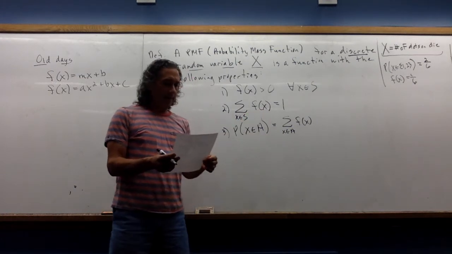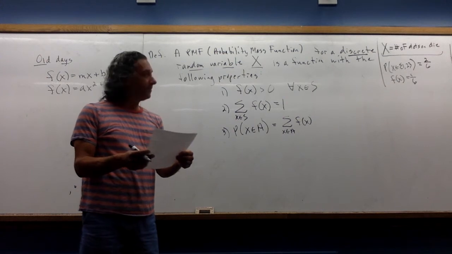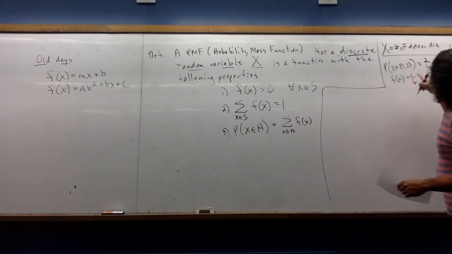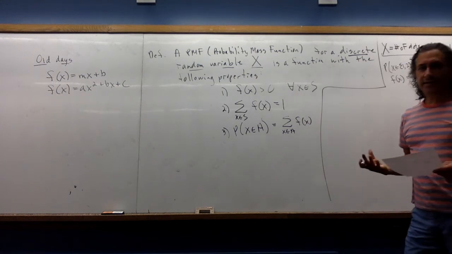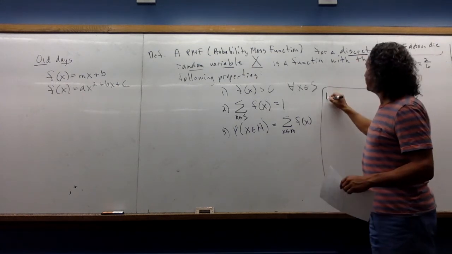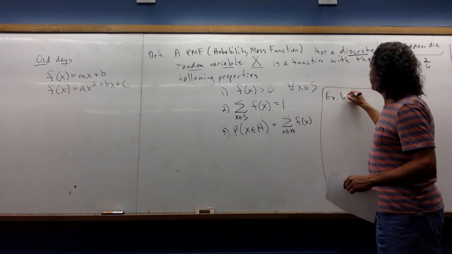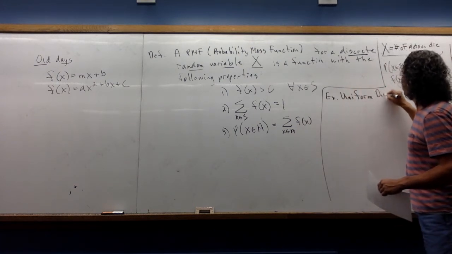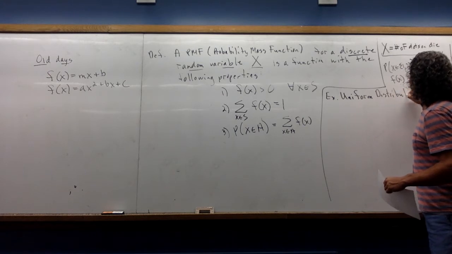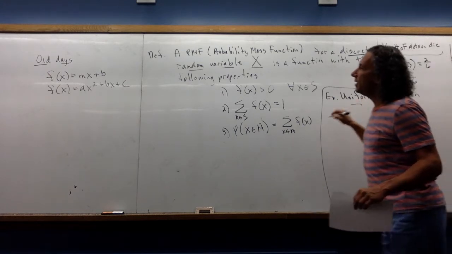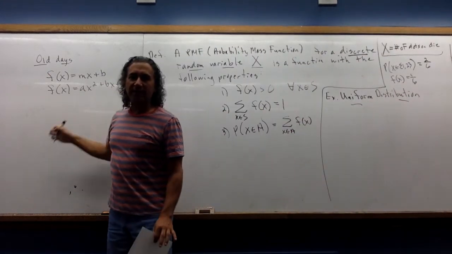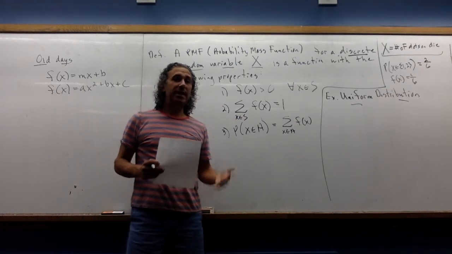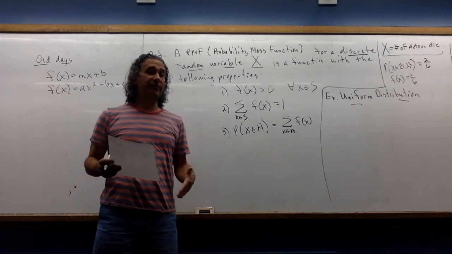Okay, again, I'll get back to that, actually no, let me do that right now. This situation is an example of a particular PMF known as the uniform distribution. Just like we have linear functions and quadratic functions, in the world of probability we have different distributions that model different types of events.